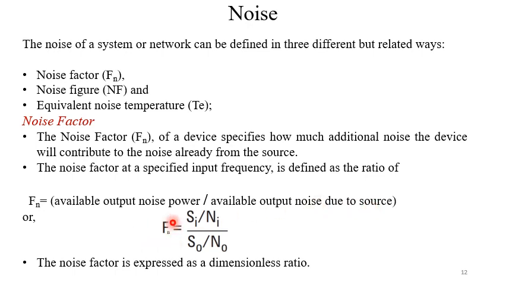Or in other words, Fn can be written as Si by Ni divided by So by No. Obviously this noise factor is dimensionless because it is the ratio of the same type of parameters.